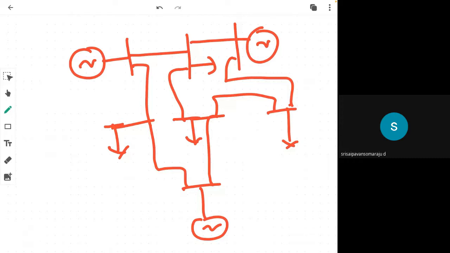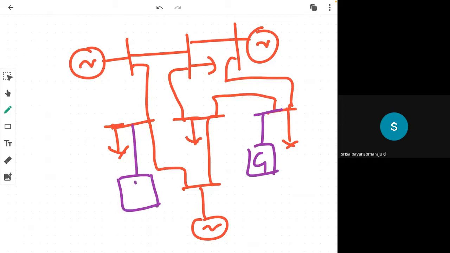Therefore, at different places, you can have the compensators. This is compensator 1, compensator 2, and so on.